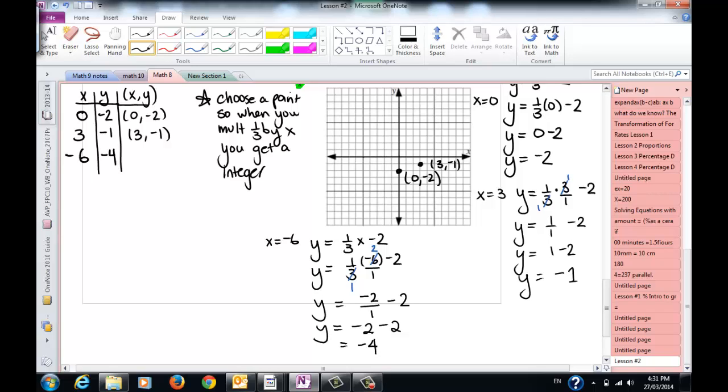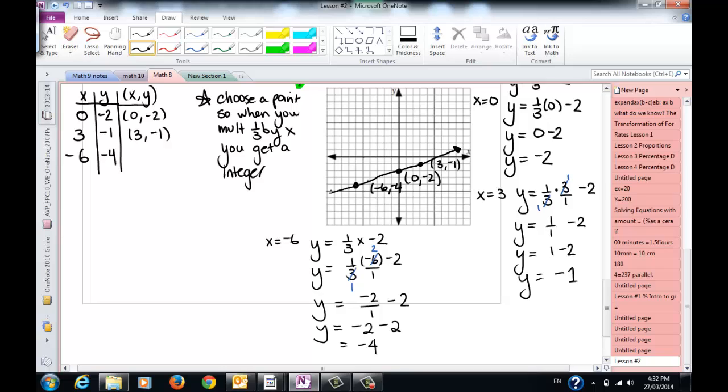So I'm going to count it from the origin. 1, 2, 3, 4, 5, 6. 1, 2, 3, 4. Put in my point. Erase that. Negative 6, comma, negative 4. I've got my 3 points in. Notice that they are in a straight line. And I'm going to draw my line through here.